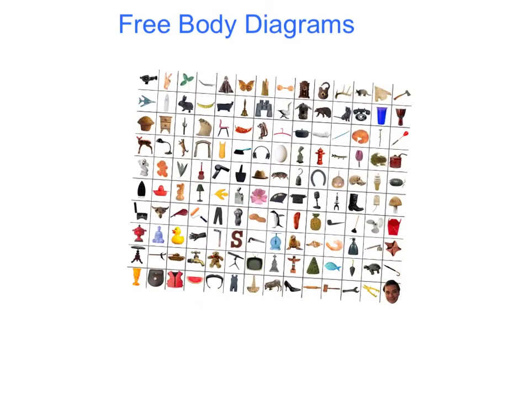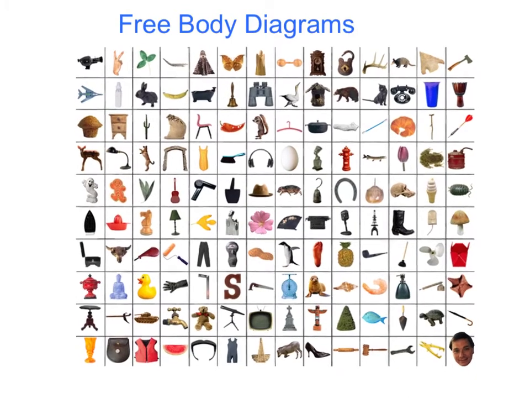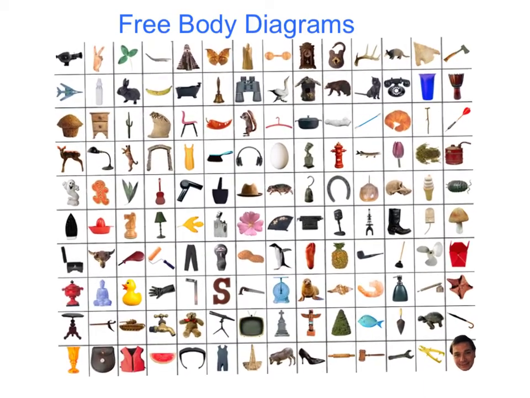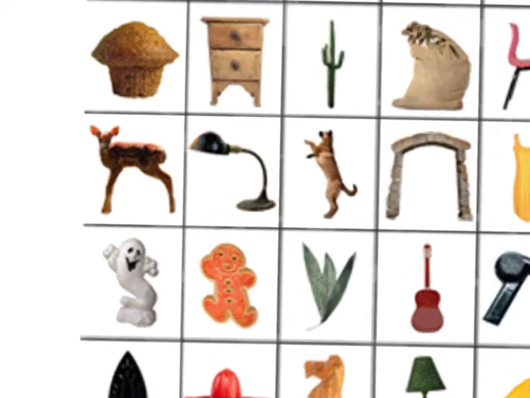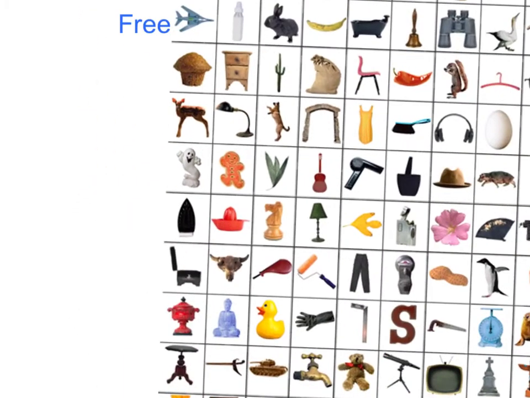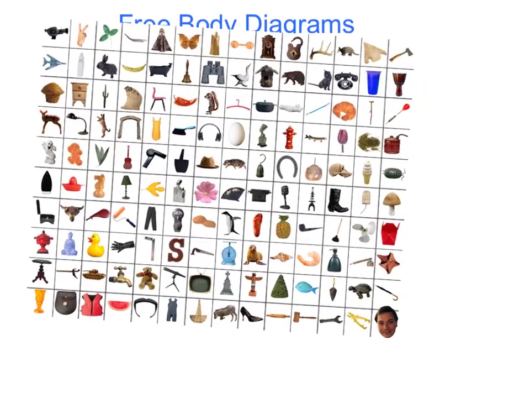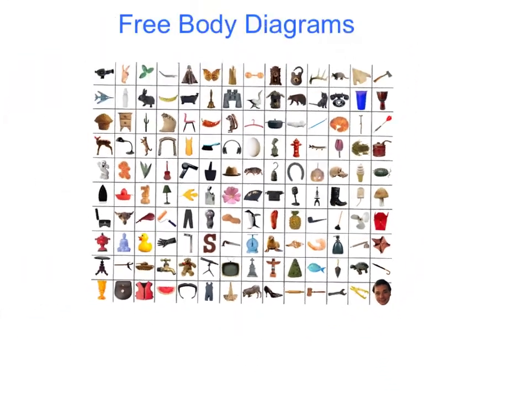And yes, basically, every object that we can think of in the universe can be represented with free body diagrams. It can be either a cookie, it can be an animal, it can be a person, so basically everything.